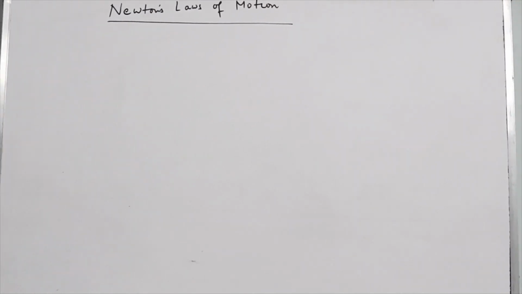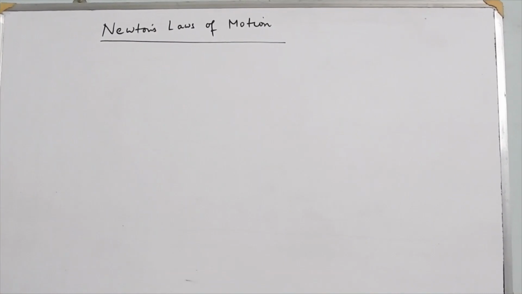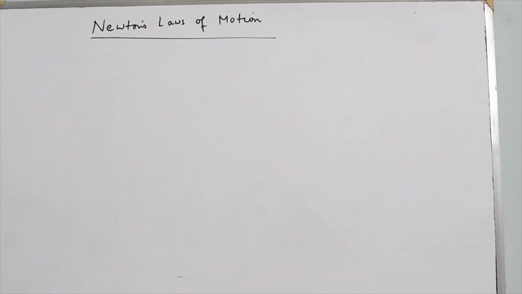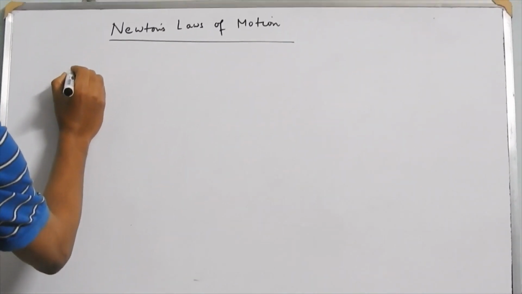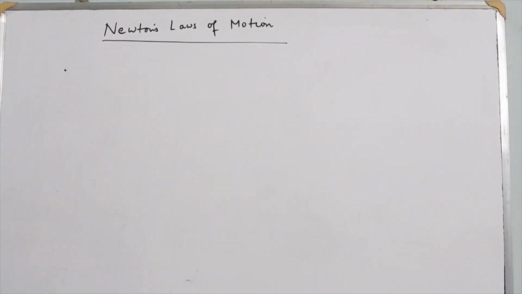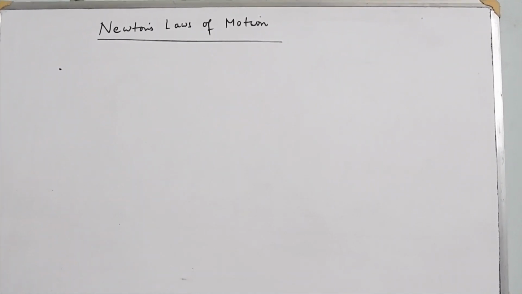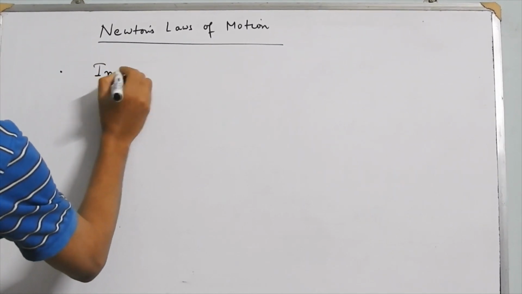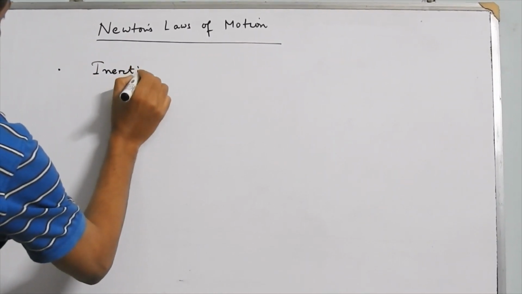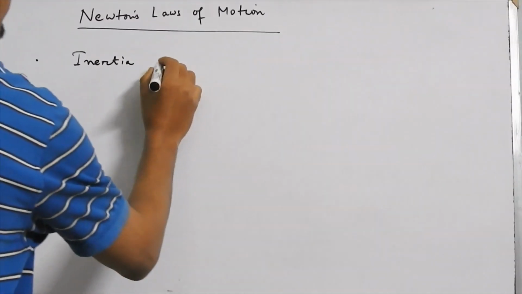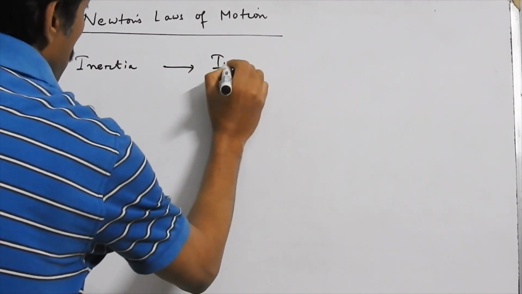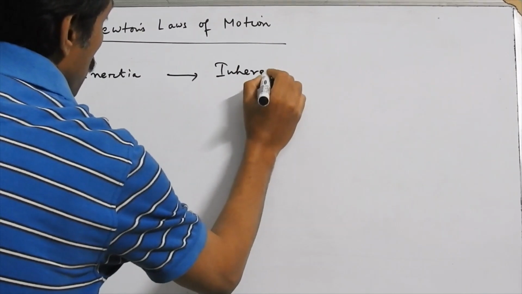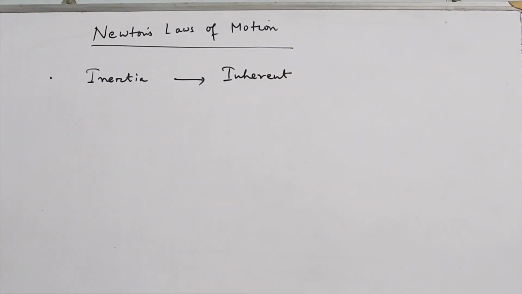Before discussing Newton's laws of motion, it is important to know about the inherent state or the inherent property of a body, which is called inertia. Now, inertia is an inherent property of every object. It is a property which is available to every object of this universe.